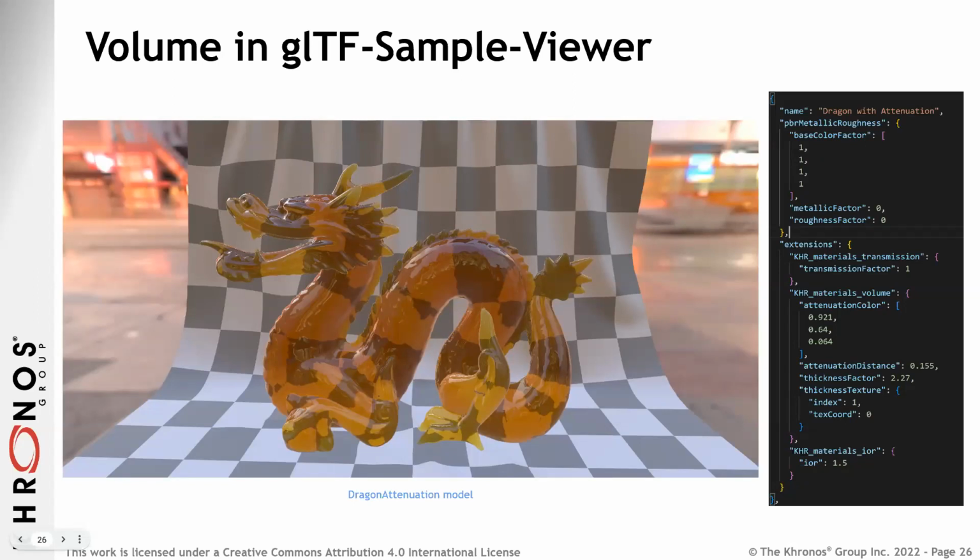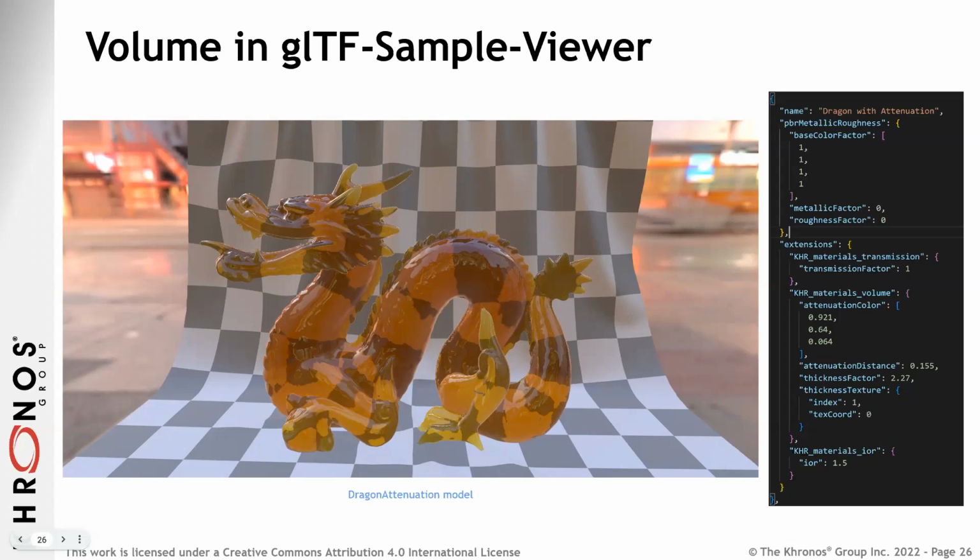And off to the right, once again, we see how this material is configured in a glTF material. So let's look at the important bits right here. Once again, we have the transmission extension that's used, and we're setting the transmission factor to 1, which is enabling light to transport through the material.